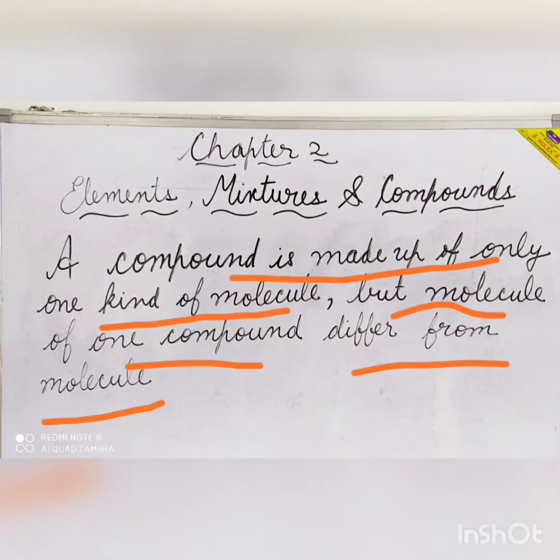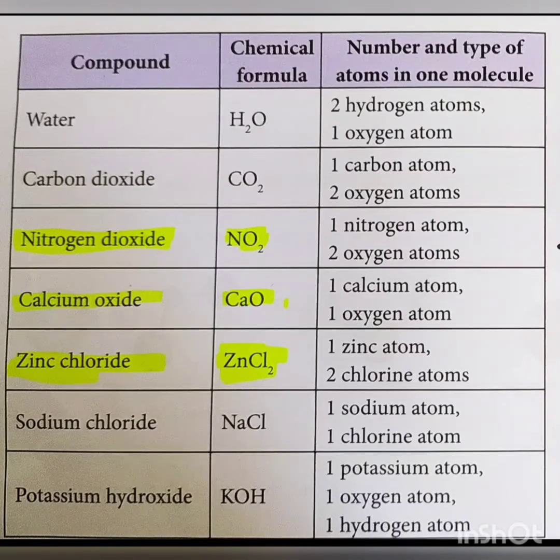Compounds can be represented by a chemical formula. The chemical formula gives the number of atoms of each element in one molecule of the compound. Here is a table giving the name of the compound, its chemical formula, and the number and type of atoms in a molecule.